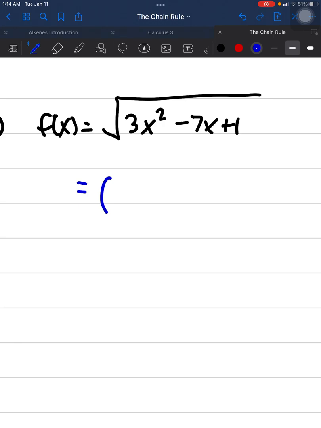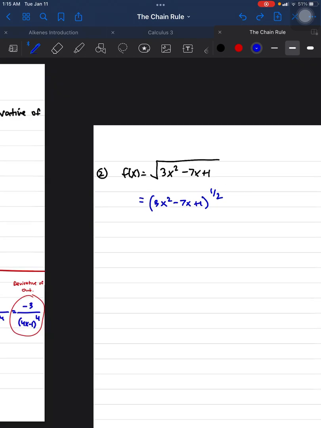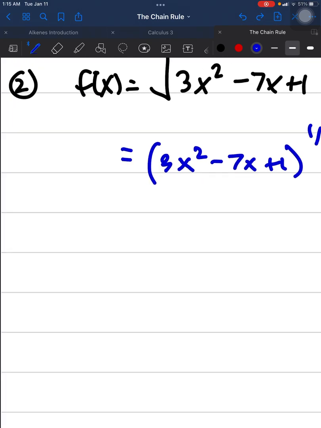We know that the square root is just the function raised to the 1/2 power. So we can do that here. So 3x squared minus 7x plus 1 to the 1/2 power. This is the same thing as this. But this second way makes it easier for us to find an outside function and an inside function.